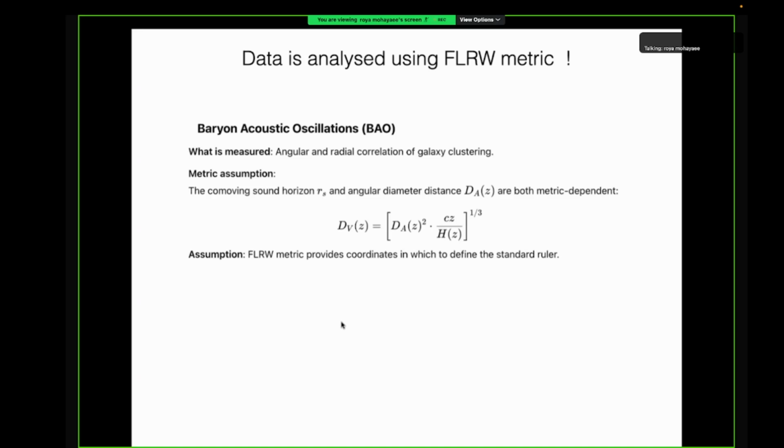So you put this metric to analyze your data, and then you're saying that data agrees with this metric. So it's circular. One has to be very careful. You can use consistency checks, which is what most people are doing, but it's not the same as approaching data completely metric independent. It's very hard.